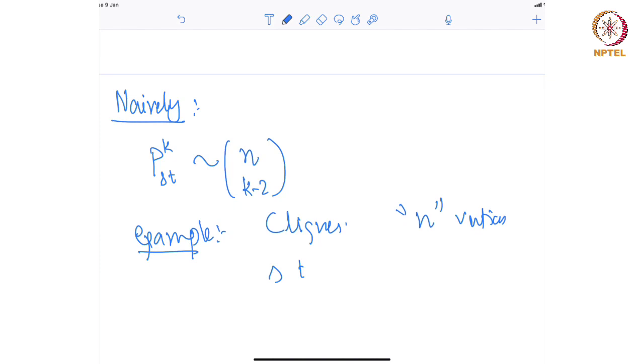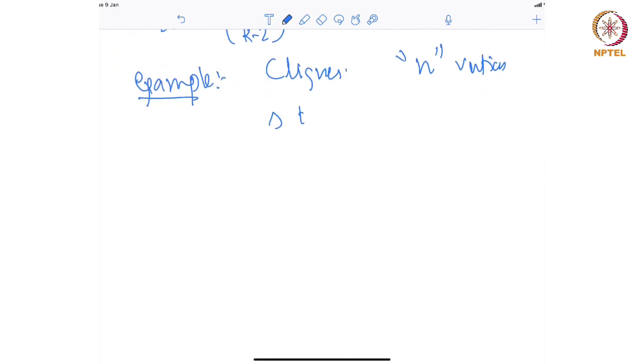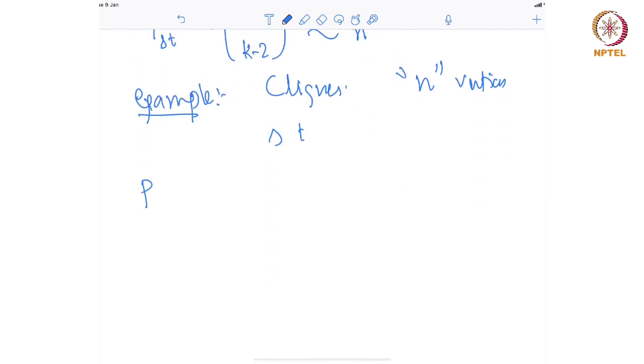So P_{S,T,k} could roughly be n to the power k, and in particular P_{UVp} could be as bad as n to the power p.